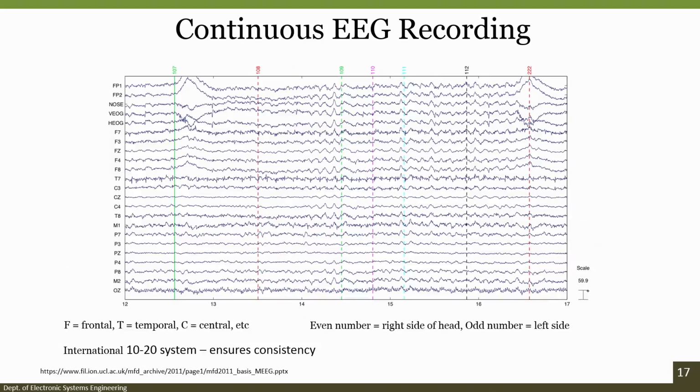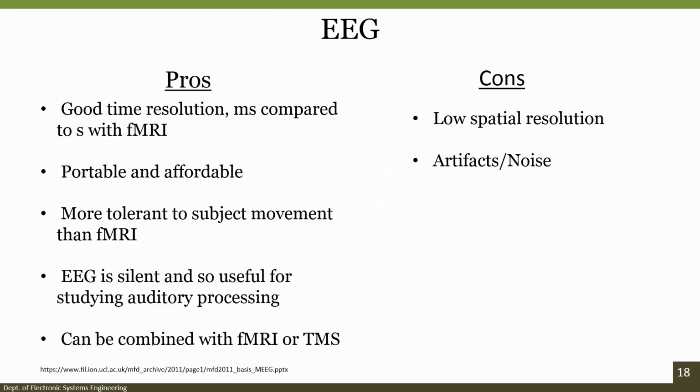From a continuous EEG recording we can understand if there is a problem with the brain waves, particularly if you want to see epilepsy and other phenomena. You can see the recordings from all these electrodes, and of course, you already know F stands for frontal, T for temporal, C for central, O for occipital. It is the international 10-20 system.